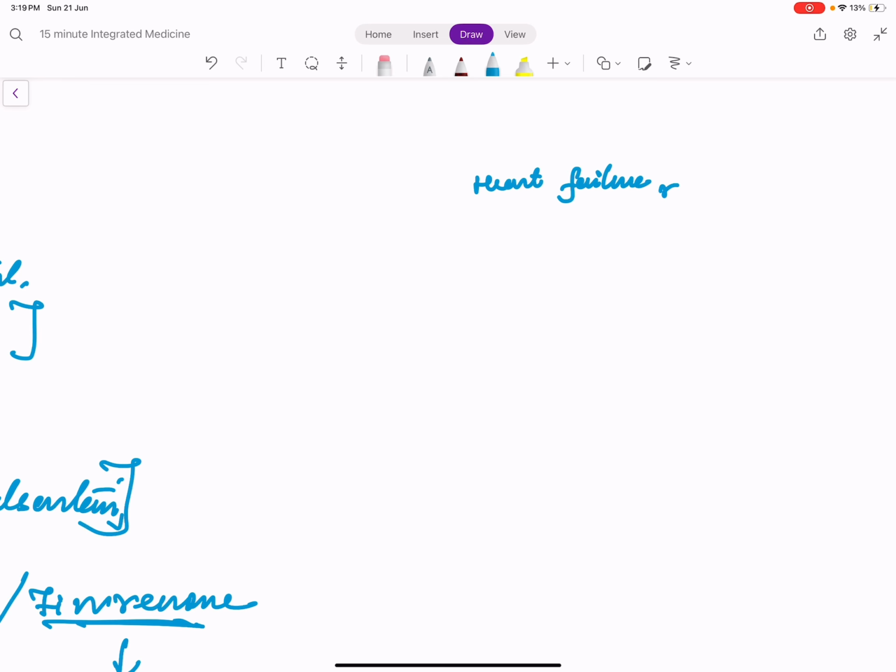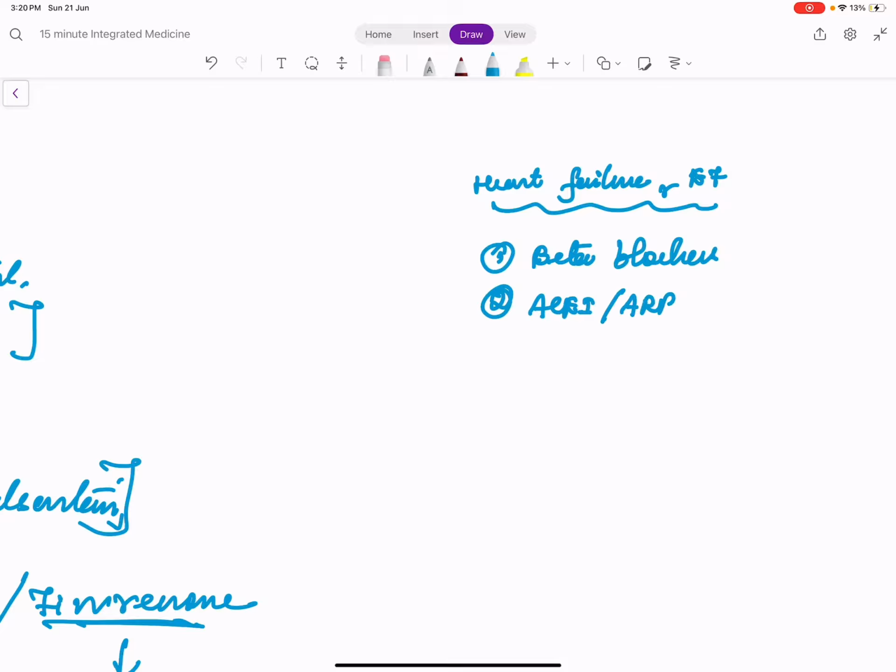When ejection fraction is low, we call it heart failure with reduced ejection fraction. There are 5 pillars of treatment of heart failure with reduced ejection fraction. One is beta blockers. Next is ACE inhibitors or ARBs. Next is ARNIs, angiotensin receptor blockers and neprilysin inhibitors. To avoid confusion, we'll leave this off now.